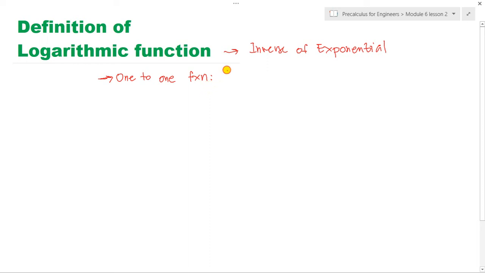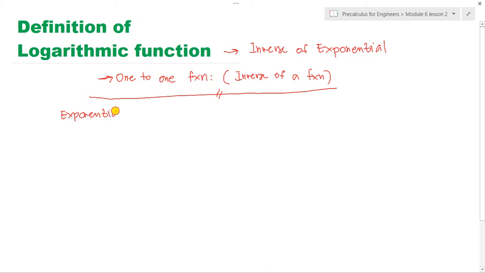We can visualize this one-to-one relationship by using the inverse principle of the logarithmic and exponential functions. So we use the inverse of a function to prove this claim that the logarithmic and exponential functions are one-to-one.